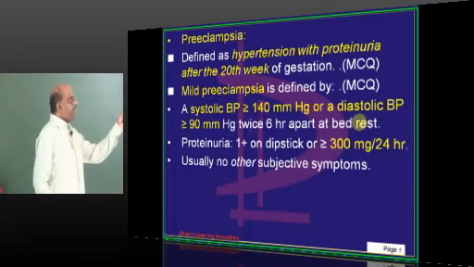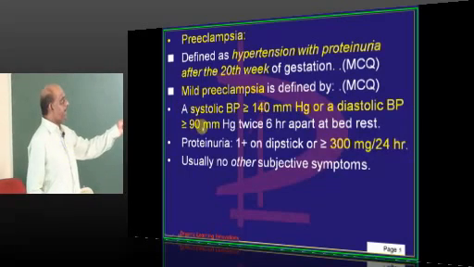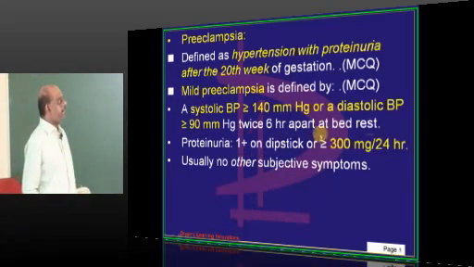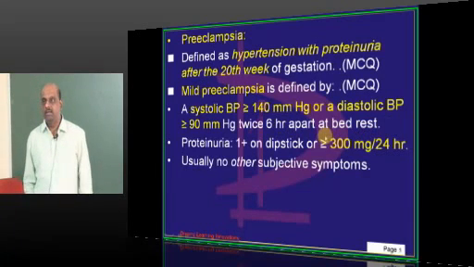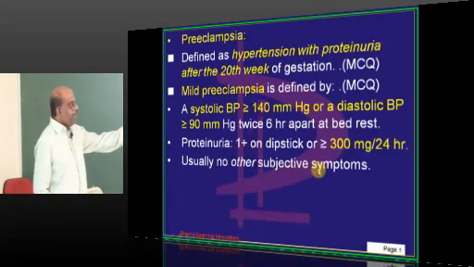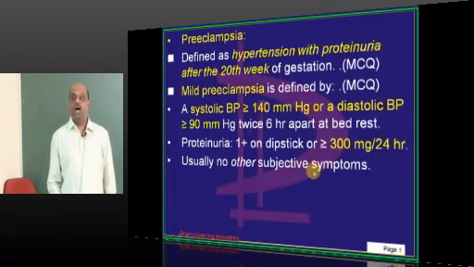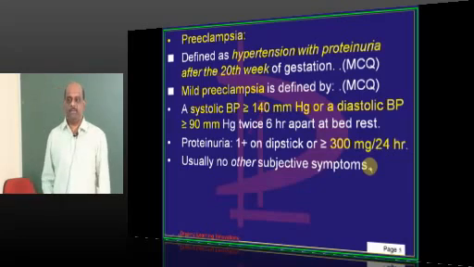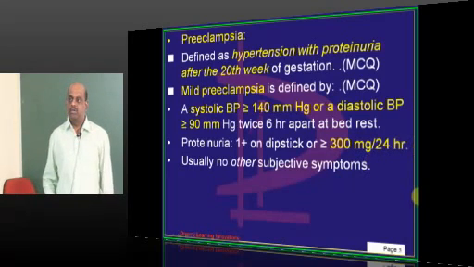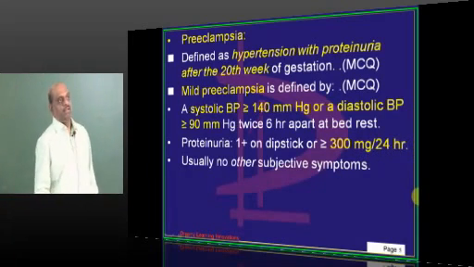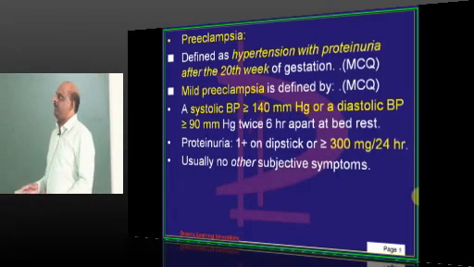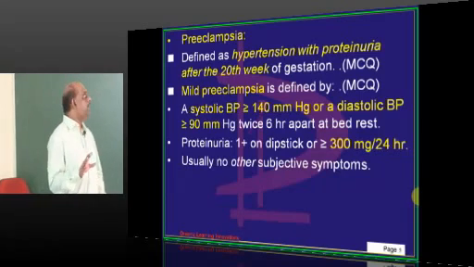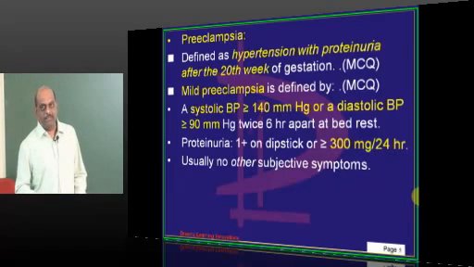If the BP is more than 140 systolic, diastolic more than 90, twice 6 hours apart at bed rest if you evaluate, and the proteinuria is only 1 plus on the dipstick or more than 300 milligrams per 24 hours without any other subjective symptoms. So at the 24th week, a pregnant woman is found to have hypertension and on complete urine examination is found to have 1 plus proteinuria, then you call it mild preeclampsia.